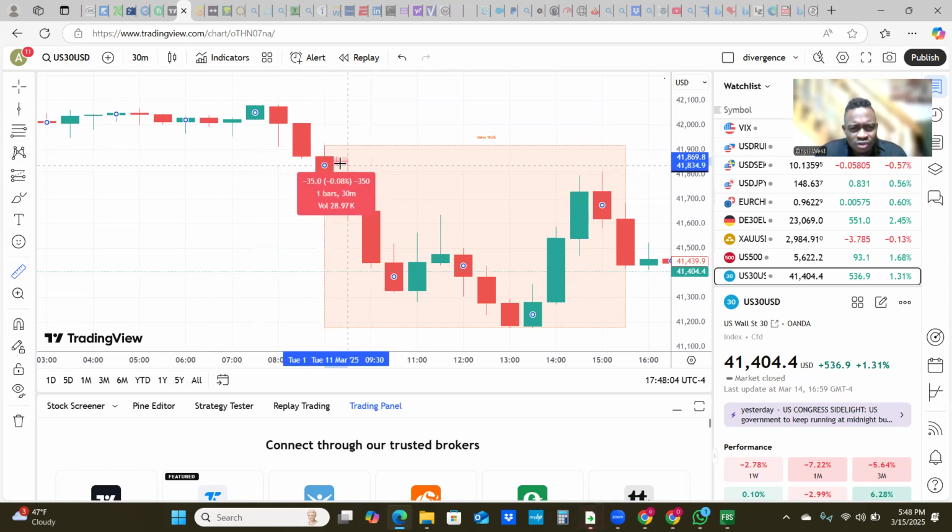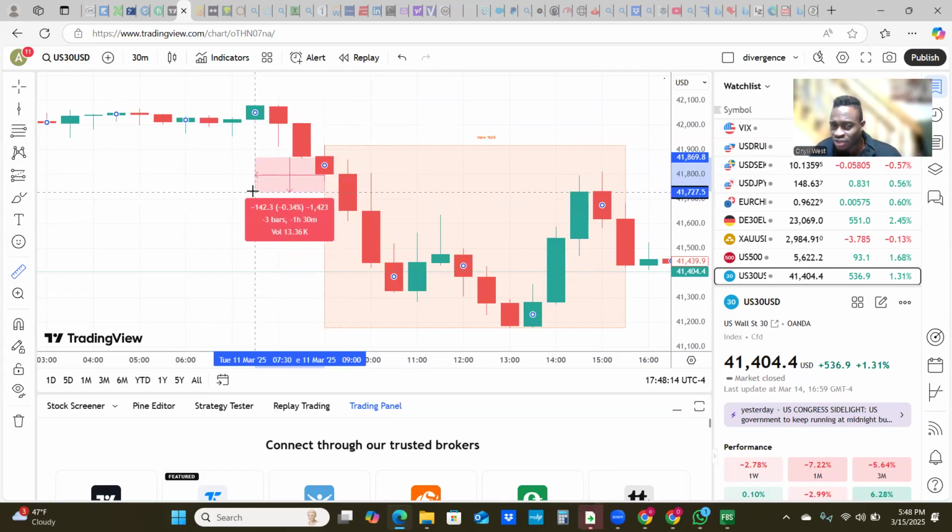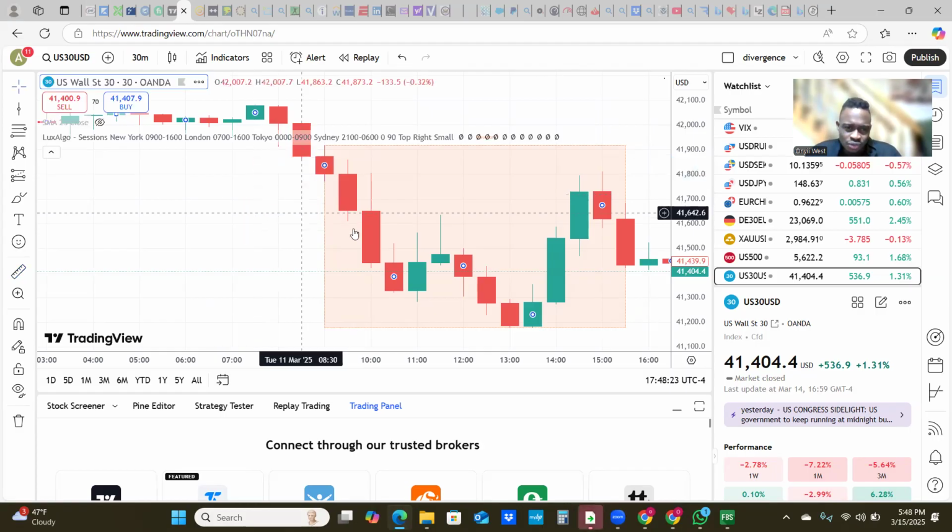We got the 150 in this candle because this is the 9 o'clock candle, and this is 9:30, before it's 10 o'clock. So we should be out.